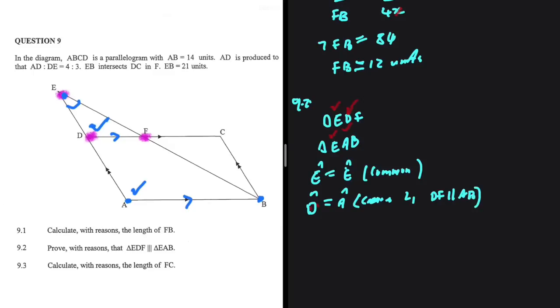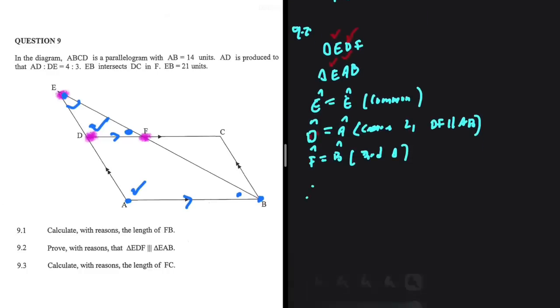If we've proved that two angles are equal to each other in two triangles, then the third angles are also going to be equal to each other because of the sum of angles in a triangle. So this angle F should be equal to angle B. So we have F being equal to B. We can use third angle of triangle, or we can also use corresponding angles.